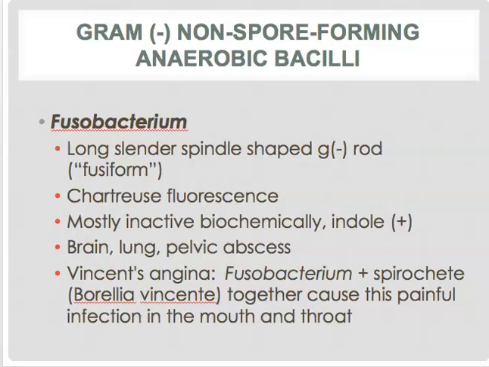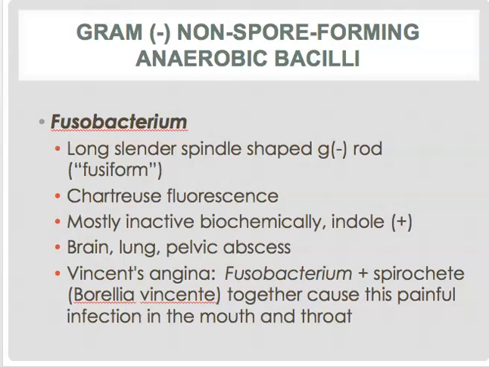Okay, and then lastly, Fusobacterium produces long, slender, spindle-shaped gram-negative rods, which is referred to as fusiform. But not all species of Fusobacterium will present in those fusiform shapes. Most species will fluoresce chartreuse and are indole positive. Most are relatively biochemically inactive, which means that they're not going to react on those biochemical tests that we use to identify a lot of these.